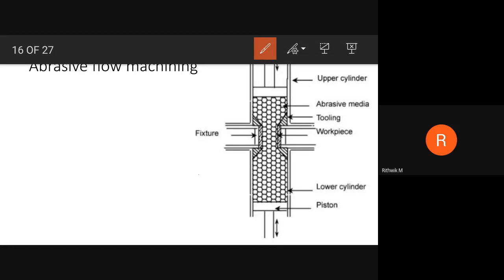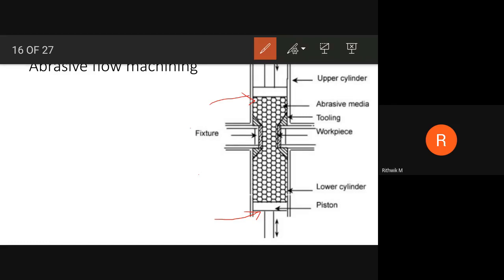Here you can see one piston, and here also one piston. There are mainly two types: one-way flow and two-way flow. One-way flow means the abrasive particles along with the carrier medium come from one point and go away, so it flows in a single direction.